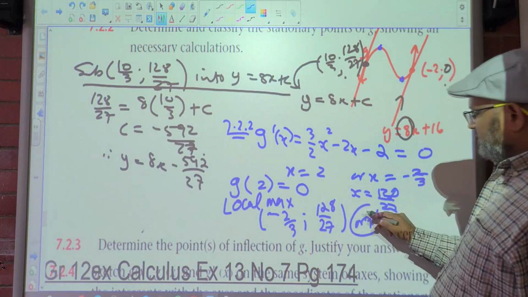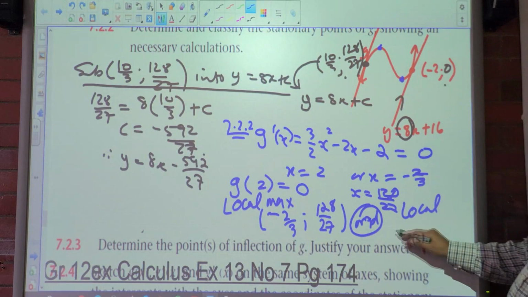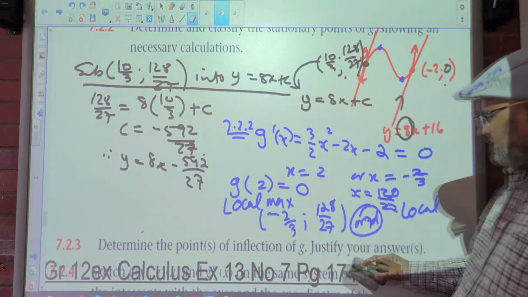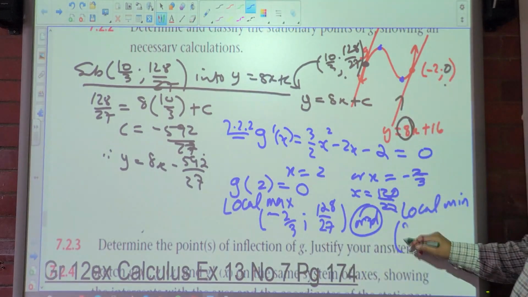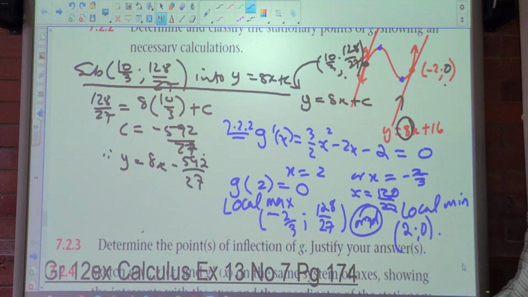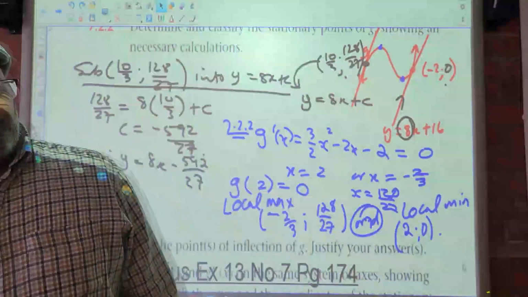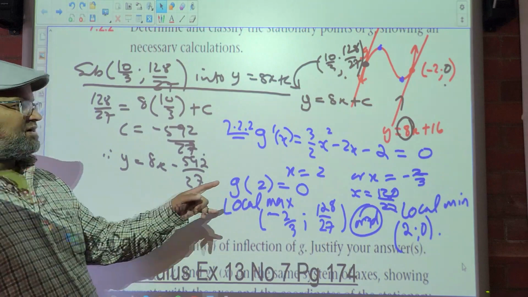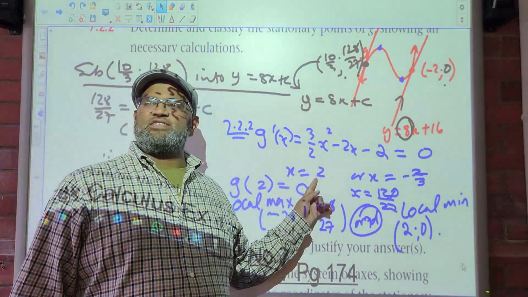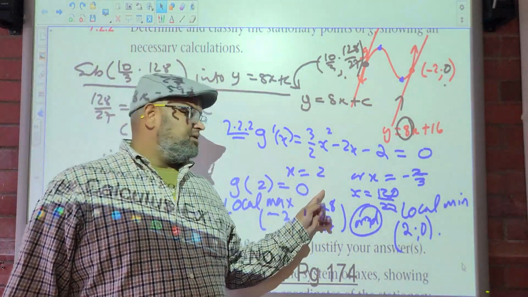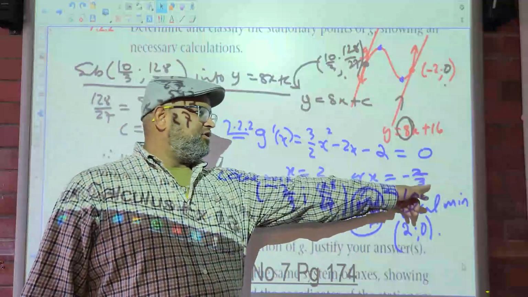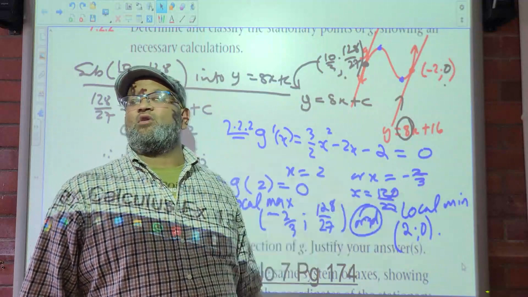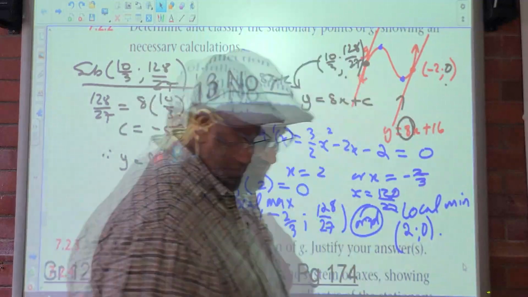And for the local min, if they give you 2, you want to classify, you can work out your second derivative, and then you can substitute 2 into the second derivative. If the answer is negative, it's a maximum, and then afterwards you put negative 2 over 3 into your second derivative. If the answer is positive, it's a local minimum. Okay, so vice versa.